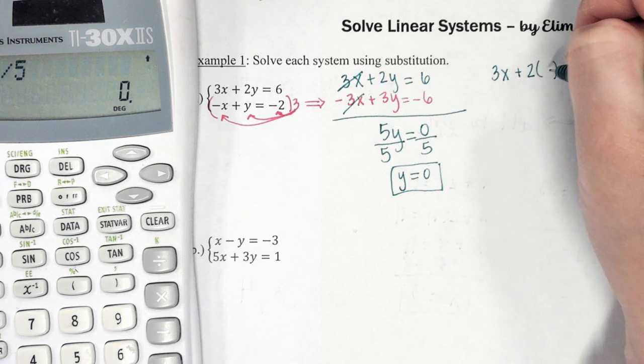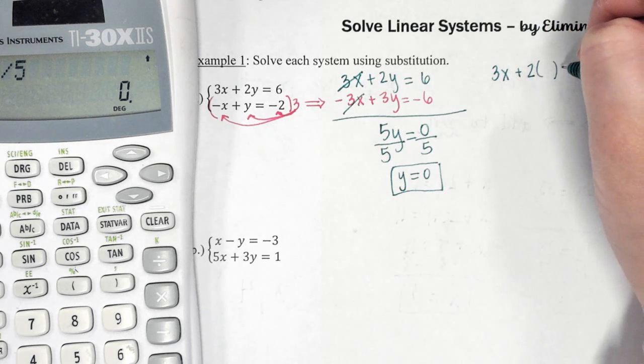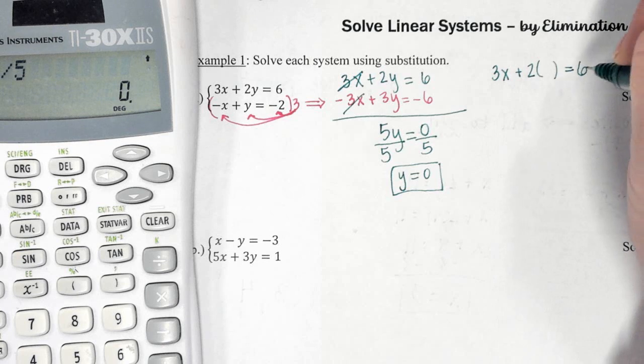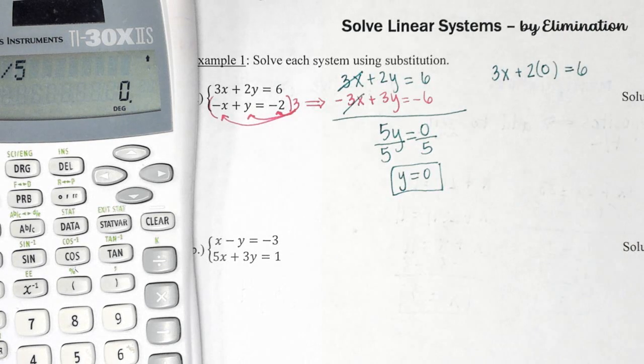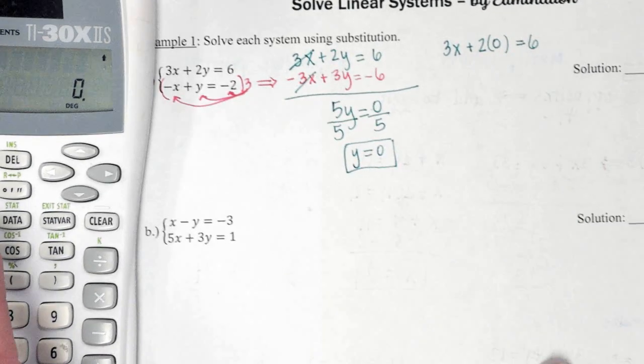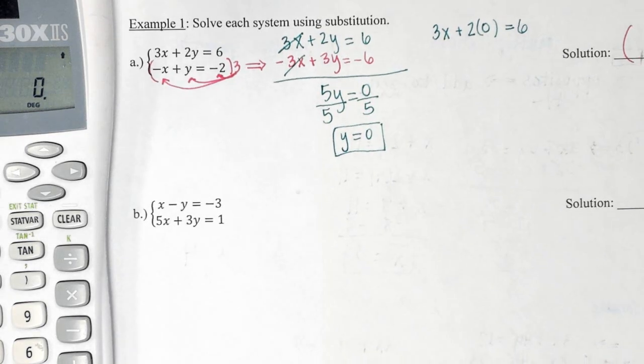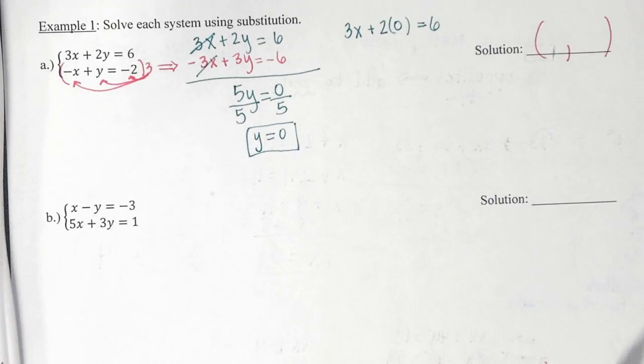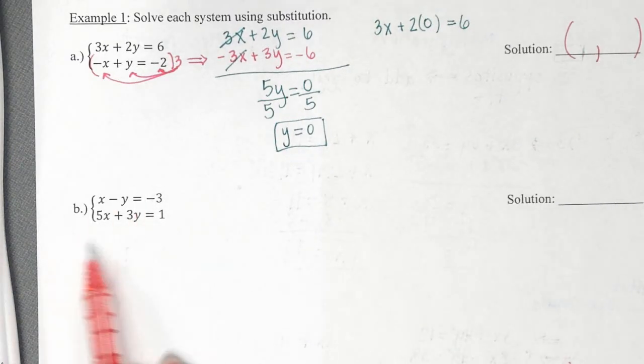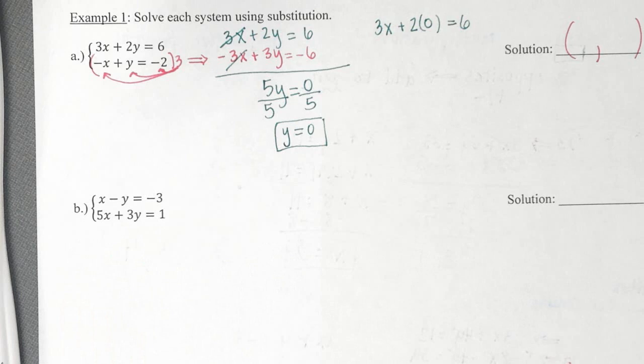Now, when you plug something in for y, the y comes out. There's no more y. So this is just a 0. Okay, so I want you to solve that for x. Write your final answer. And then I want you to decide what you're going to multiply for b. So again, you're just trying to get some opposites there.